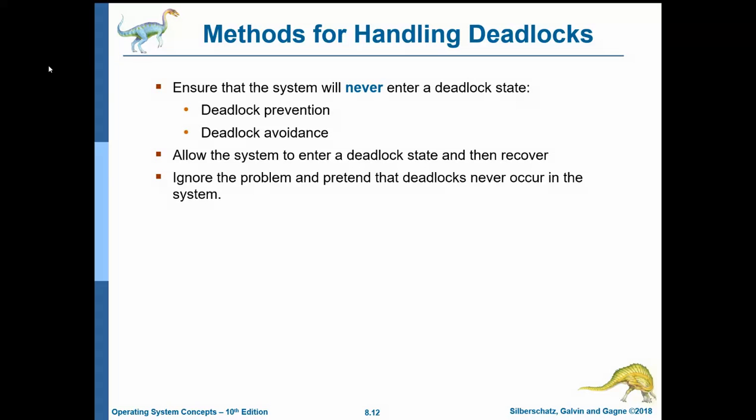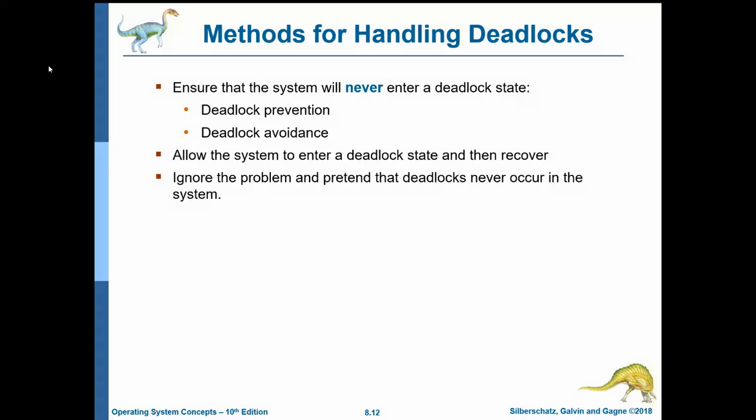Dia kalau boleh operating system tak nak handle the deadlock. Tapi some cases it can happen. Okay, so try to ignore. Okay, tapi it can happen. Okay, so that's why they have three things lah.